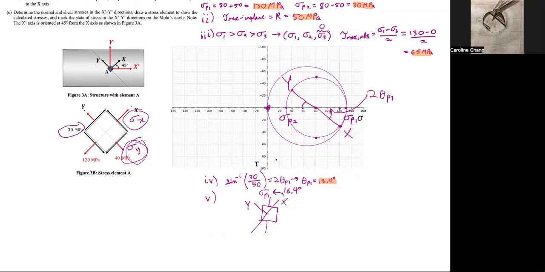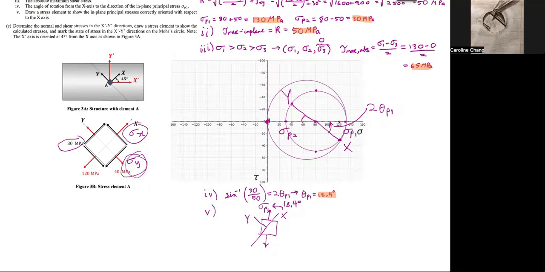All right, so now part 5 is completed. Or not fully completed yet, because we have to show that sigma p1 is in tension and that the 30 megapascals is also, and also our principal stress 2 is going to be pointed this way.